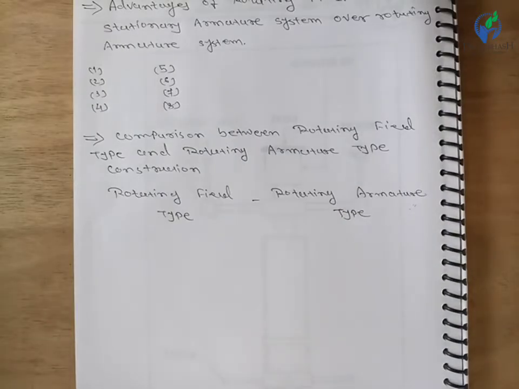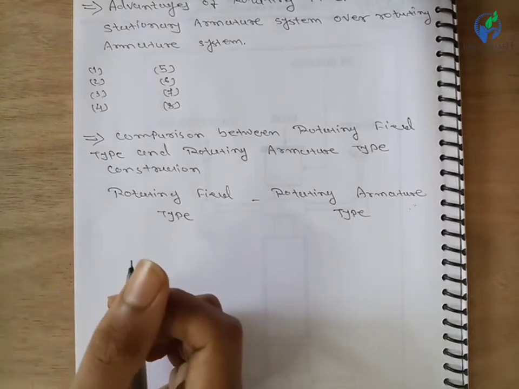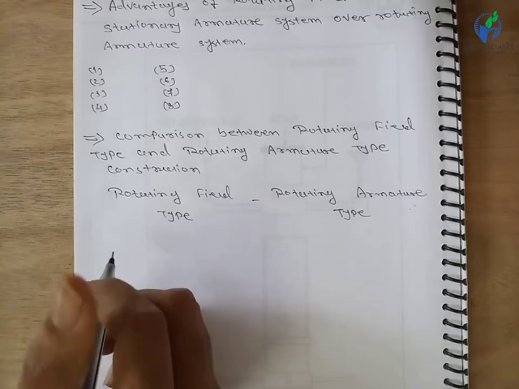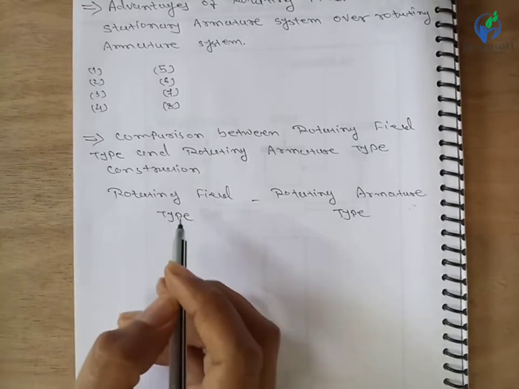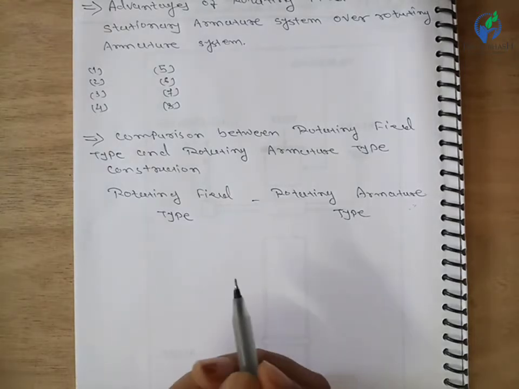Here we also discuss the next point, the comparison between rotating field type and rotating armature type construction. In the various points of the comparison, we can take a comparison between rotating field type and rotating armature type.